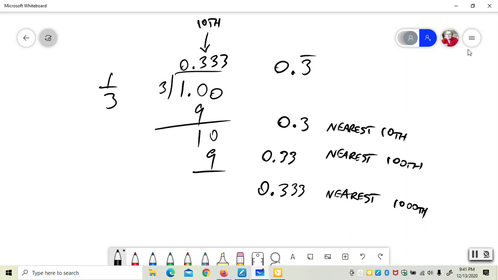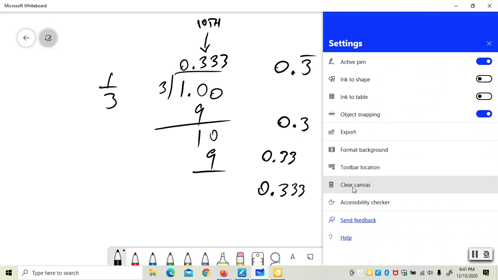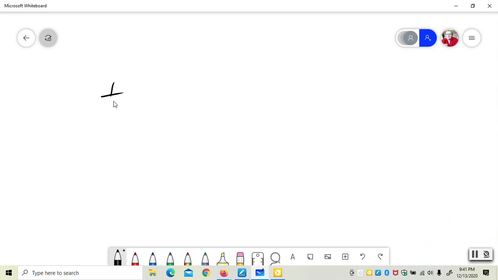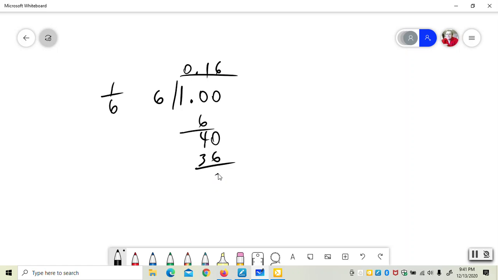All right. Now, sometimes you have something like this. So 6 goes into 10 one time with 4 as the result. Add a 0. 6 times 6 is 36. So nothing has repeated yet. But now, 6 times 6 is 36. Now it repeats.